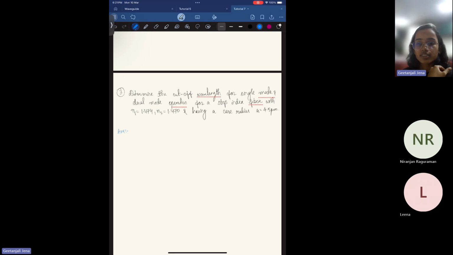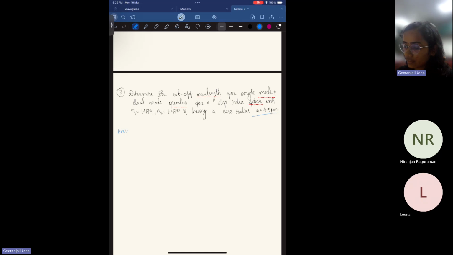So next question, it's saying determine the cutoff wavelength for the single mode and the dual mode operation for a step index fiber with refractive index N1 is 1.474 and N2 is 1.470, with a core radius of 4.5 micrometer.